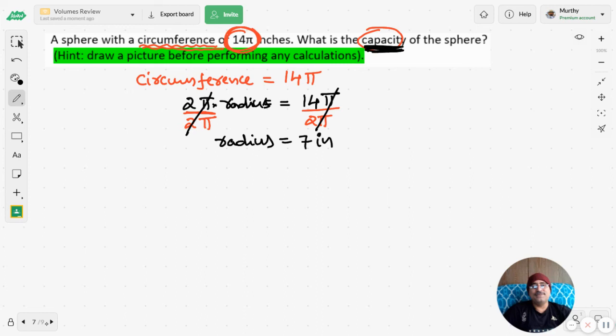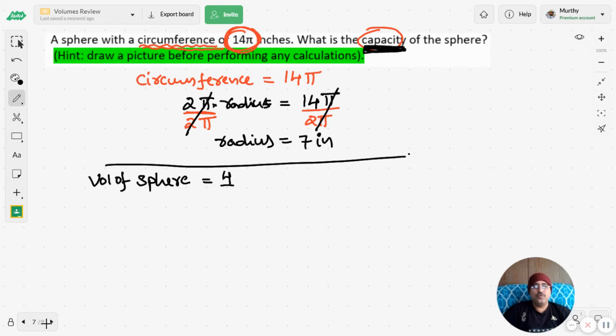Please remember, capacity or volume or how much material it holds, these all lead to the same thing, that is the volume. So the volume of a sphere equals 4/3 pi times radius cubed.